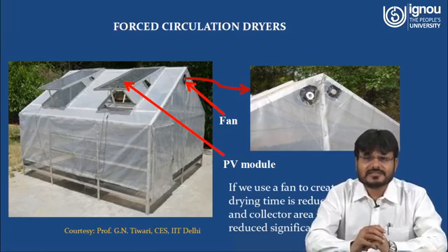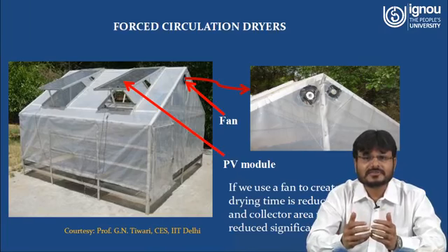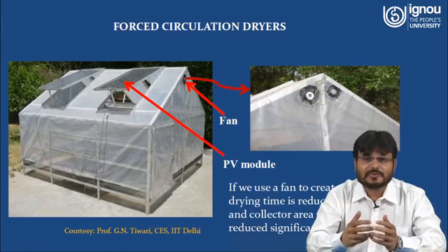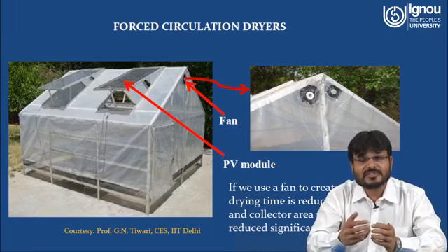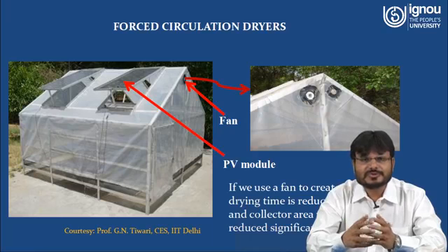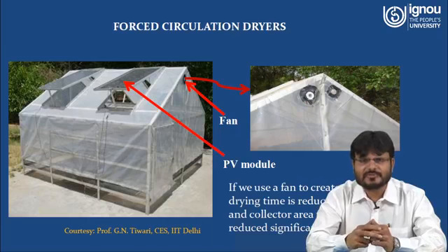In the next diagram, you can see two DC fans are used. Why are two DC fans used? Because you have to increase the circulation. More circulation means you have to increase the mass flow rate, and to increase the mass flow rate you have to increase the speed. So two DC fans are used, and the power for these two DC fans can be given by the two PV modules.